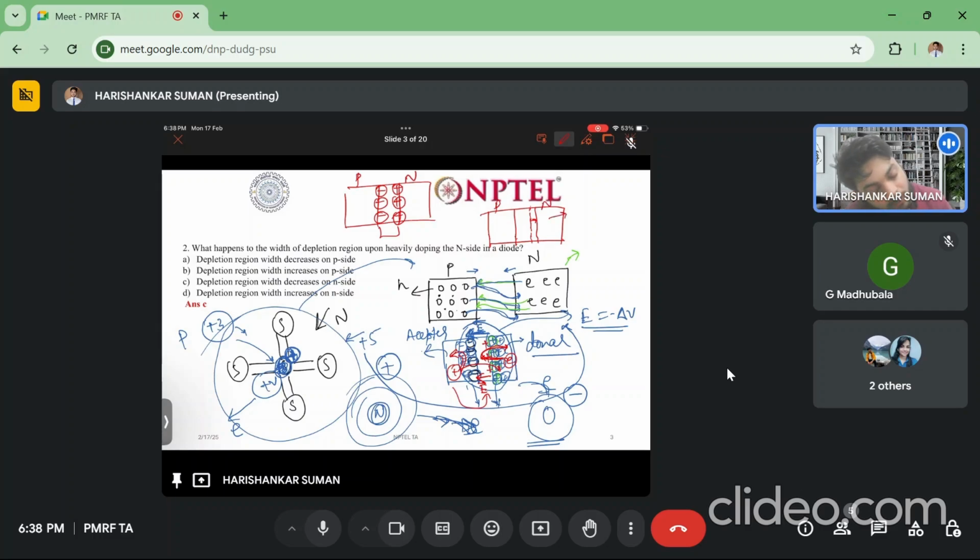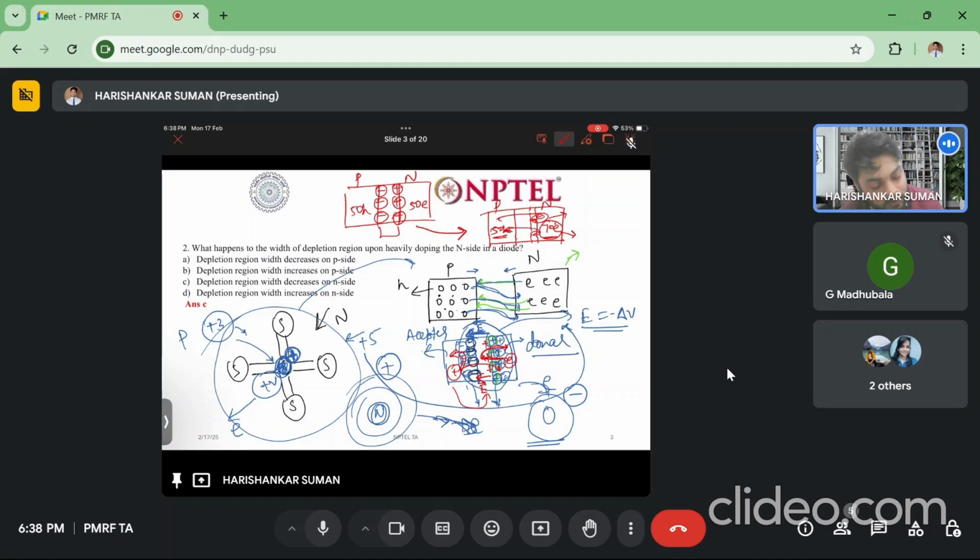If the number of electrons is higher on this side, let's say before it was 50 and 50, but now 70 and 50, assuming. So the concentration gradient is high compared to this, so more electrons can also diffuse.